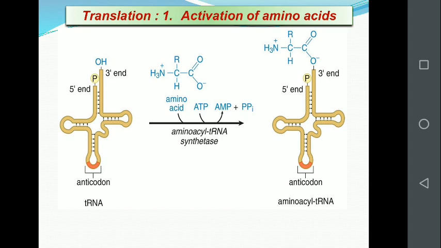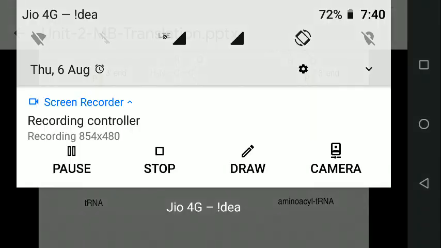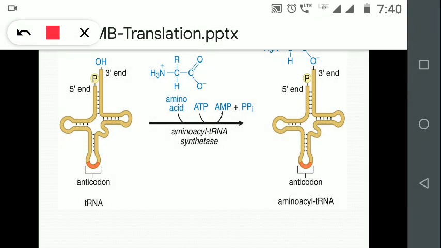So that means, for the activation of amino acids, we require aminoacyl tRNA synthetases, 20 different aminoacyl tRNA synthetases for 20 different amino acids, and minimum 32 tRNA molecules that recognize 61 codons, and ATP, of course. So we finally have four requirements in this step.